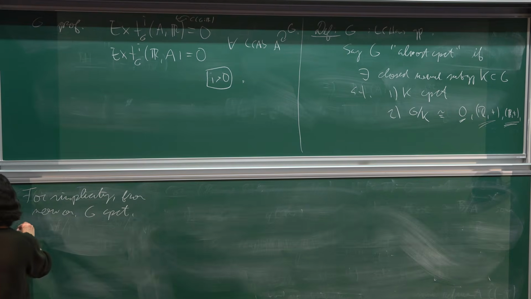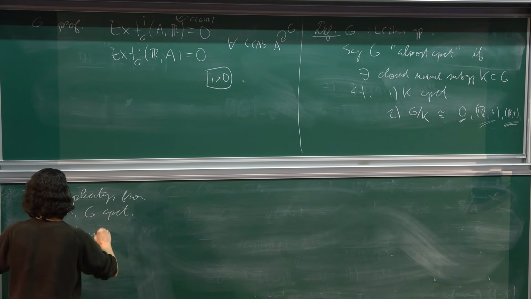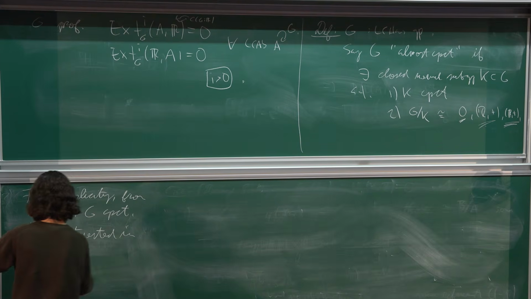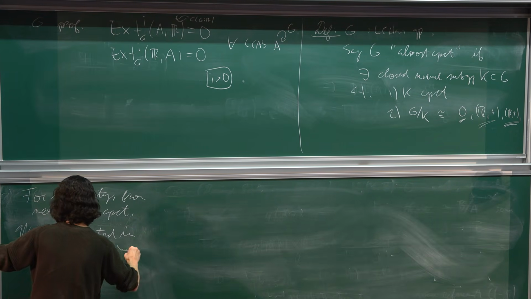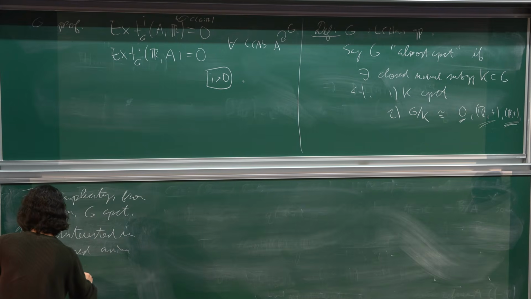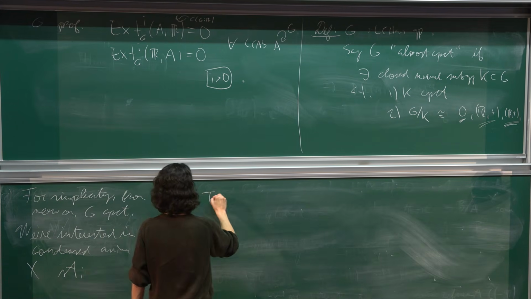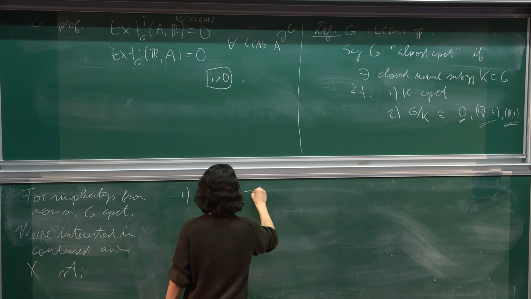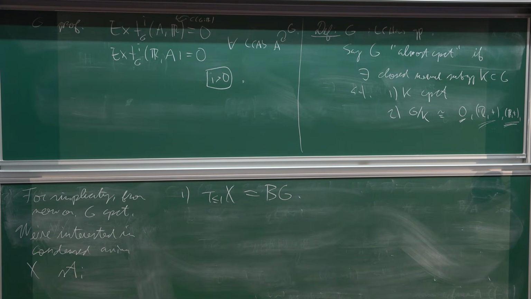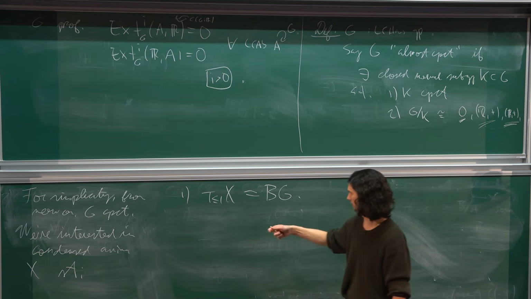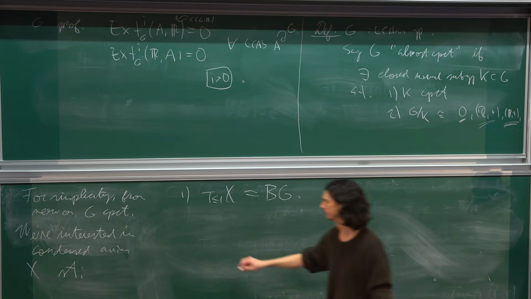So we're interested in condensed anima X such that, the first thing is that, again, pi 0 should be trivial and pi 1 should be this compact Hausdorff group G. So let me put those two statements together and say that the less than or equal to 1 truncation is just BG.